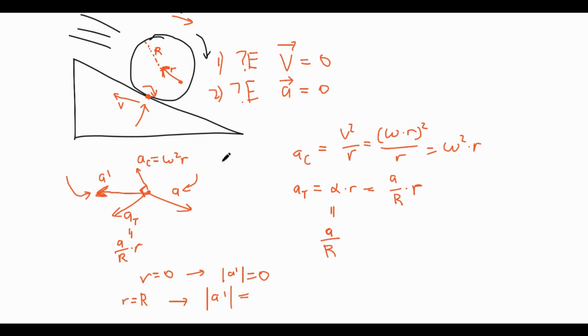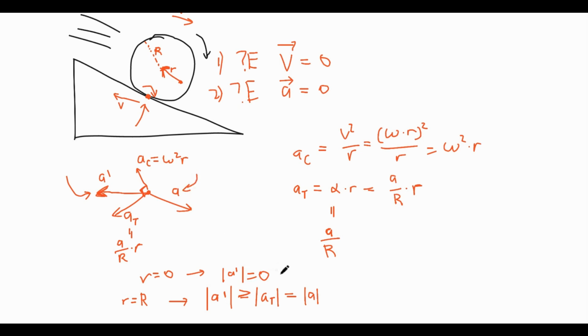I don't really know if I want to know this, but the good part is that since the size of a prime is greater than or equal to the size of the tangential acceleration, and this is equal to a itself when we plug in r equals big R, then we know that the magnitude of a prime when r equals big R is going to be greater than or equal to the magnitude of our a right here.